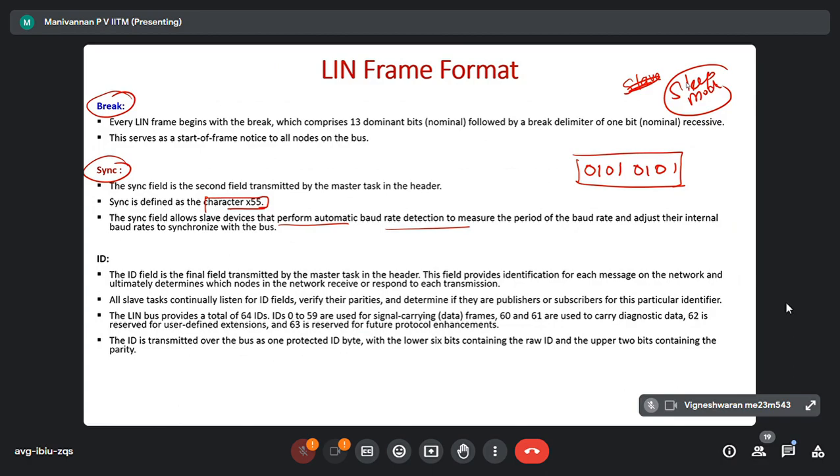So the cell phone's microcontroller is already programmed such that if you don't press any button, after a few minutes, you can set the time, after 1 minute, 2 minutes, the screen will go off. The CPU itself goes to sleep mode, so that all the electronic circuits will be sleeping inside. So your battery lasts 3 days, 4 days. Similar to that, in the CAN bus and LIN bus also, the ECU you can buy.